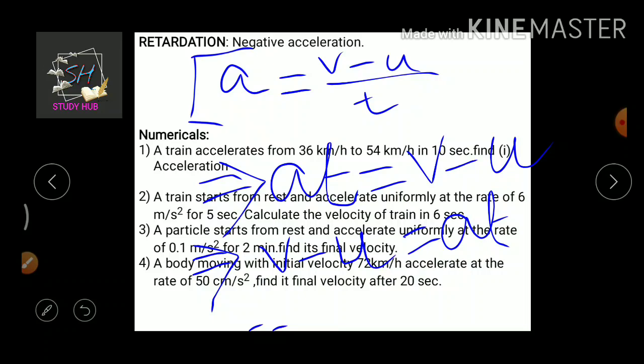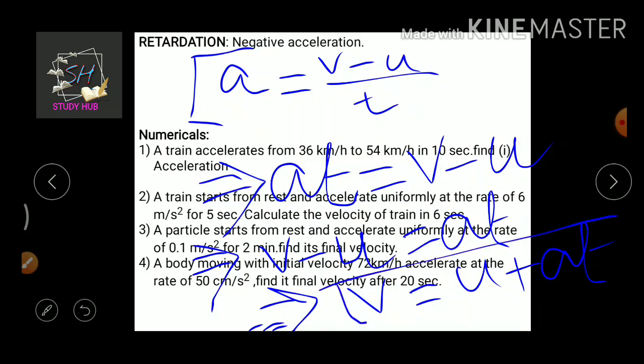Then we get v equals u plus at. This is the first equation of motion, which we will learn about in the next part. That means final velocity equals initial velocity plus acceleration into time. To solve these sums we need this equation, v equals u plus at. We will use this equation to solve these types of sums. So let's solve the sums.